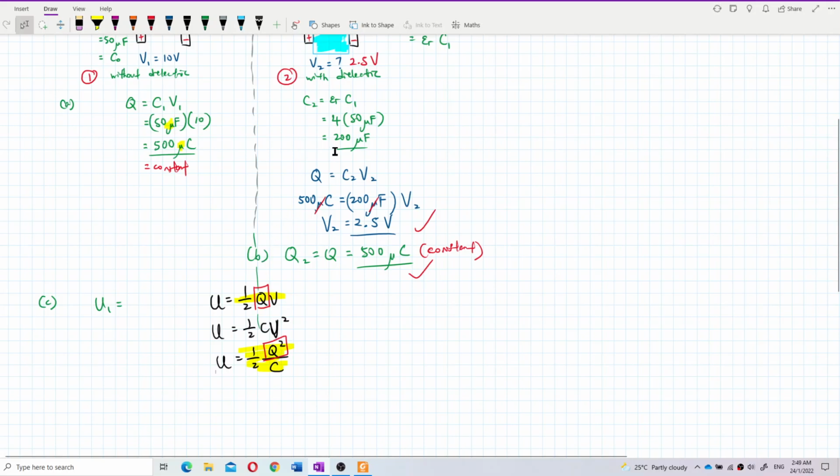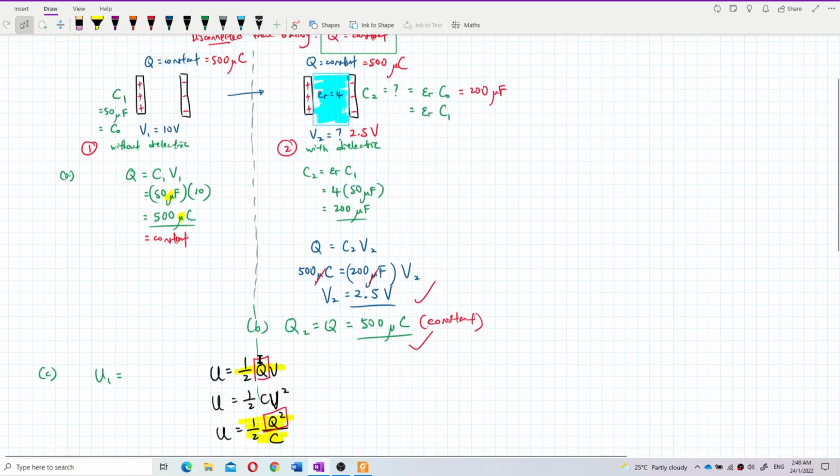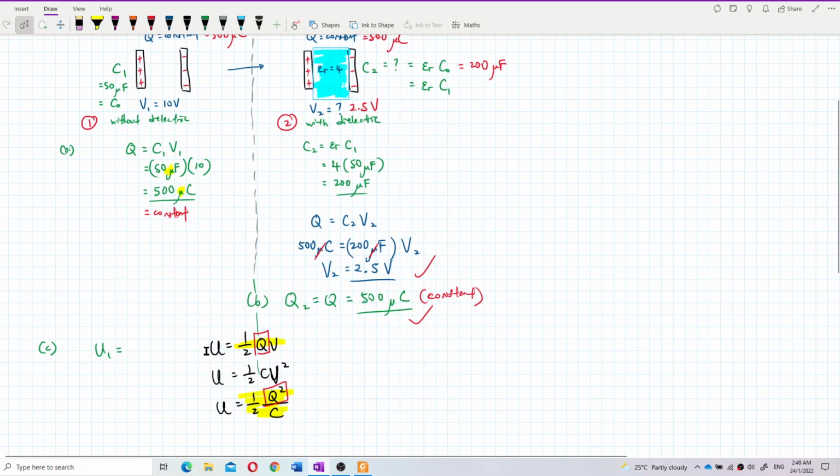Now, will the energy increase, decrease, or stay the same? So we should compare. Q is constant because the capacitor is disconnected from the battery. If you look at the first equation, half QV, look at what happened to the voltage.